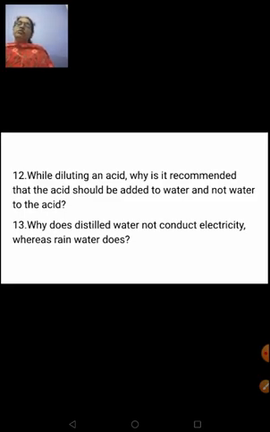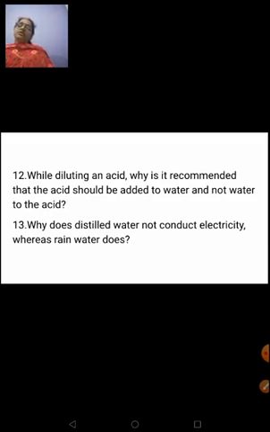If you add water to the acid, it may release a large amount of heat, which may cause some burns on your faces, or it might lead to some injuries. Okay, in order to prevent that, it is always recommended that you should add acid to the water and not water to the acid.